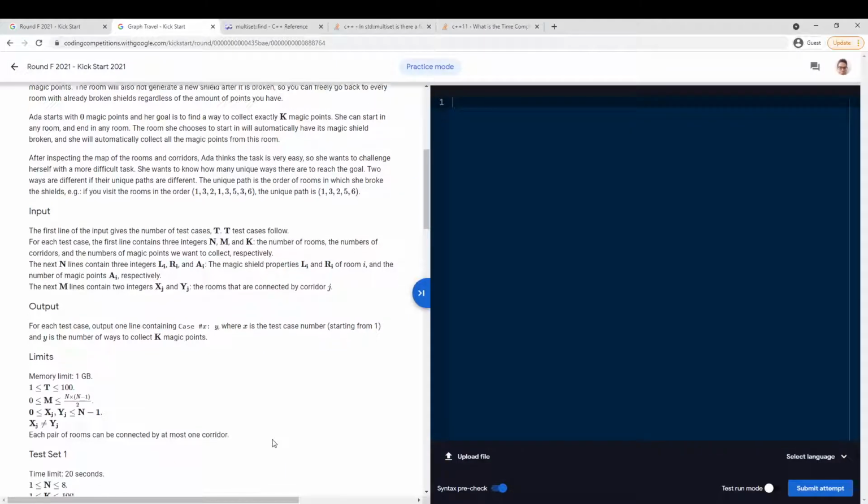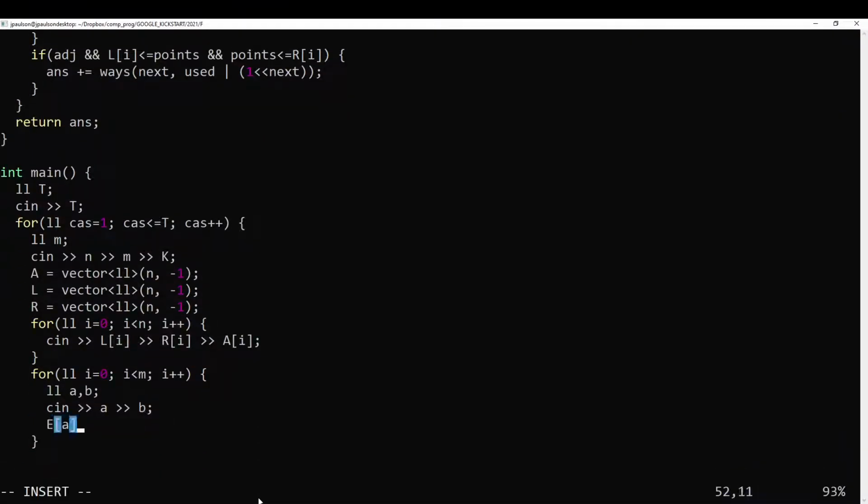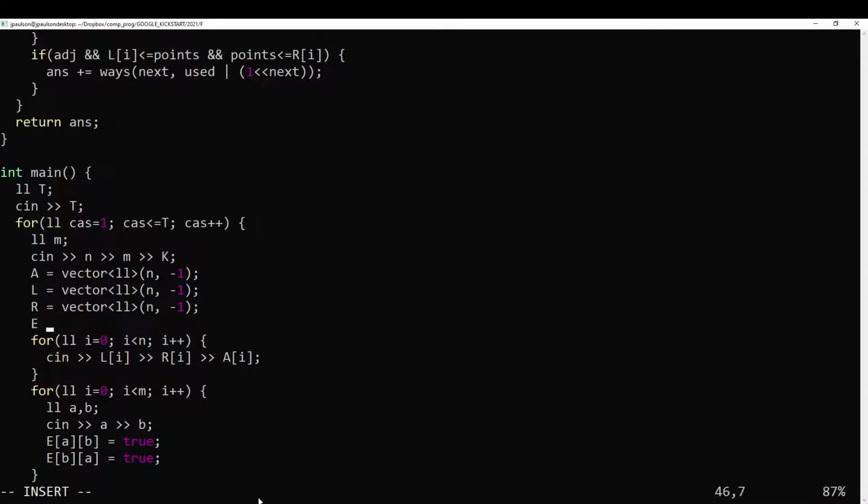Probably one indexed, x and y. These are one indexed. Okay. It's just the adjacency map.